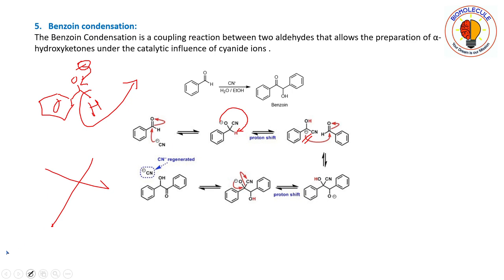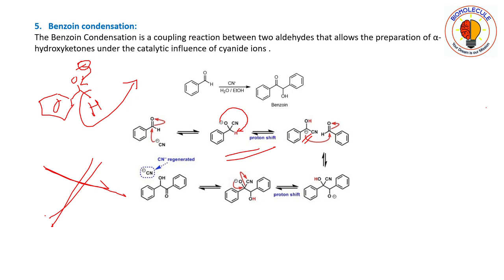Now in your mind one question may be arising, that it could have shown this Cannizzaro type reaction, because the same thing is there. This O minus can push its electrons to form a carbon-oxygen double bond, then hydride transfer could have taken place. But why is it not happening?